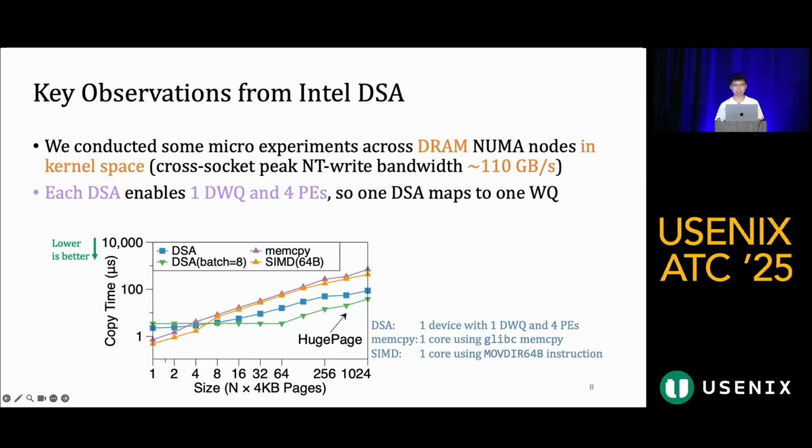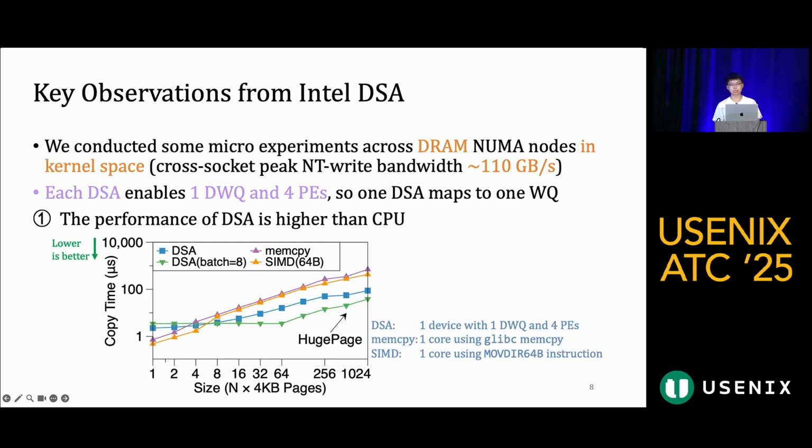Each DSA device was configured with 1 dedicated work queue and 4 processing engines. Thus, 1 DSA device maps directly to 1 work queue. To ensure fair comparison with CPU, we used 1 DSA device versus 1 physical CPU core in all tests.